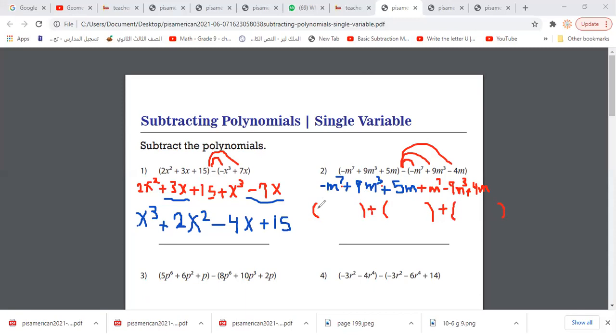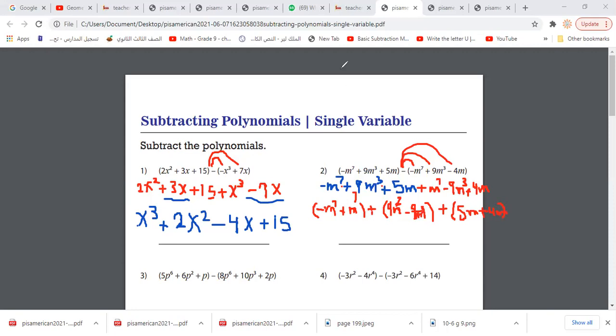Then I have negative m to the power of 7 plus m to the power of 7, 9m to the power of 3 minus 9m to the power of 3, and then 5m plus 4m. If anyone can tell me the answer directly, it will be how many here?